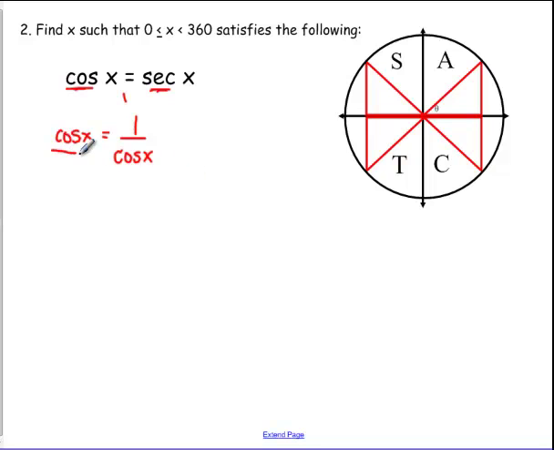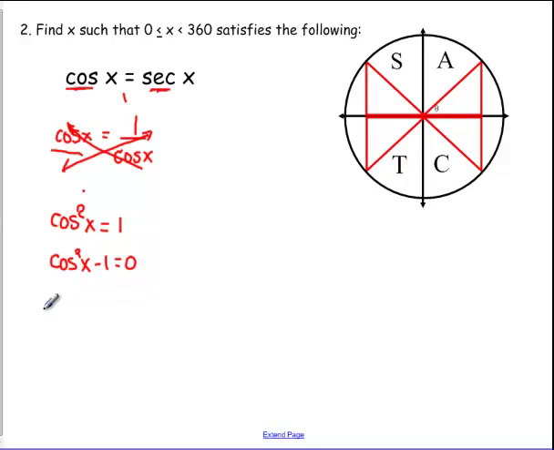I'm going to cross multiply to solve this. Cosine squared x equals 1. Since I see it is squared, I'm going to set it equal to 0. And I'm going to have to factor.